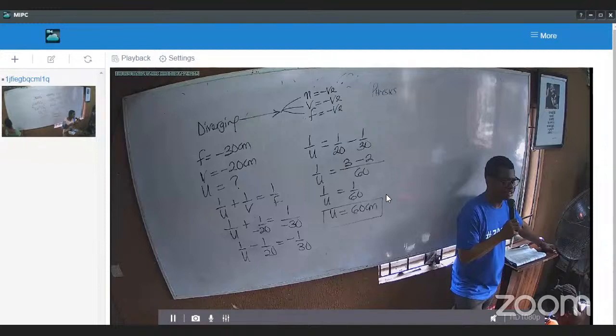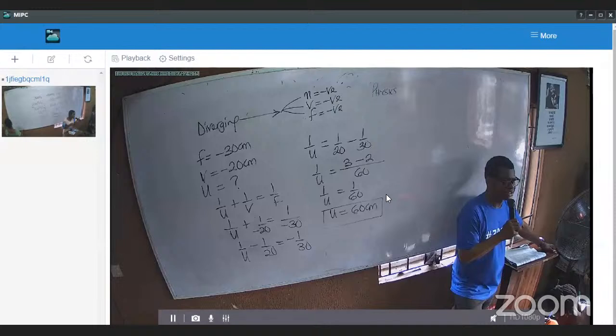Question number 7. A coin placed below a rectangular glass block of thickness 9 centimeters and refractive index 1.5 is viewed vertically above the block.